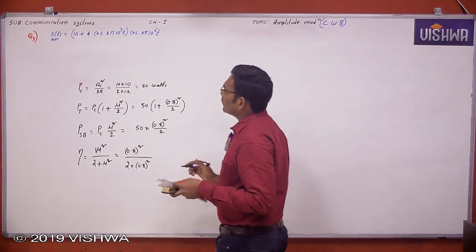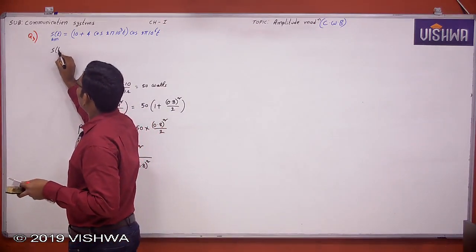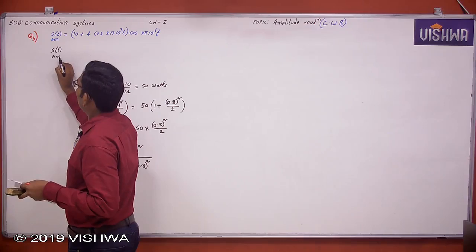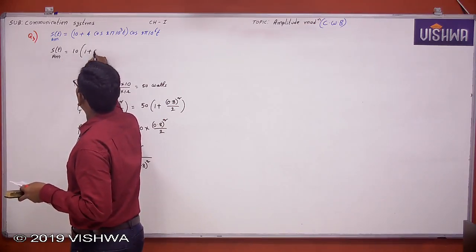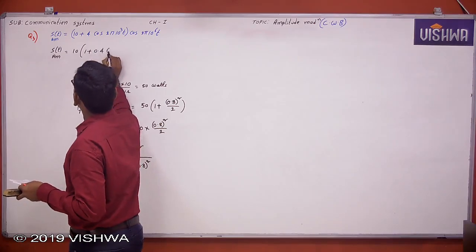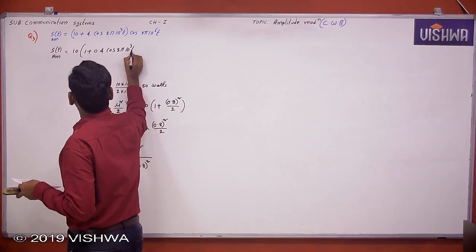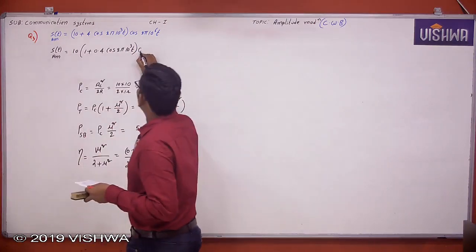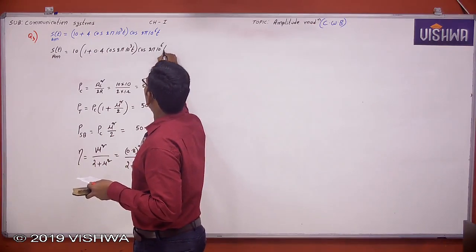Now see here. Is this an AM wave or not? First you convert this into a standard AM wave. Here if I take 10 as common, 1 plus 4 by 10, 0.4, into cos 2 pi into 10 power 3 into t, into cos 2 pi into 10 power 6 into t.